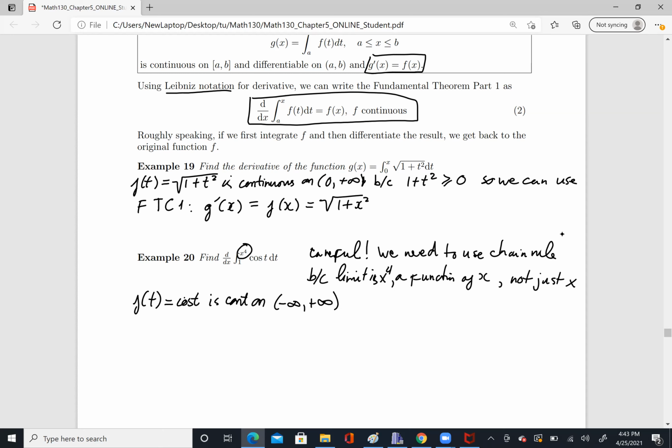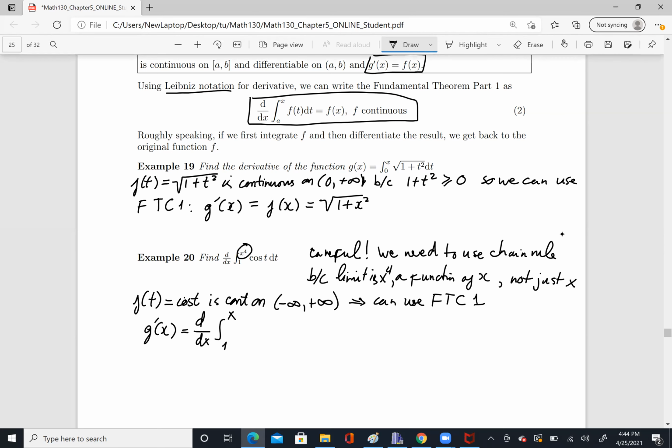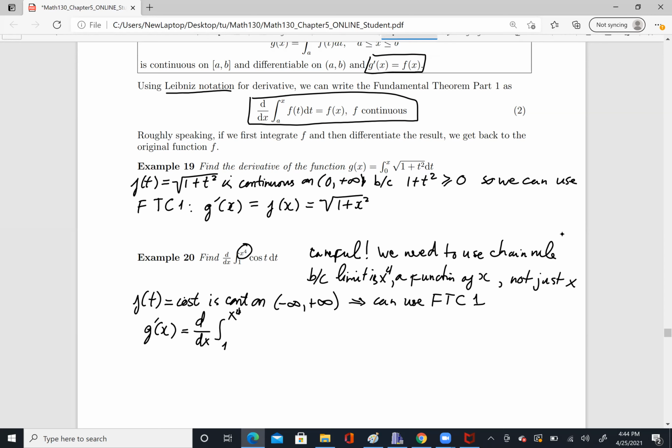Okay, so we can use fundamental theorem of calculus part 1, and here g'(x) will be equal to d/dx of the integral from 1 to x to the power 4 of cosine of t dt.